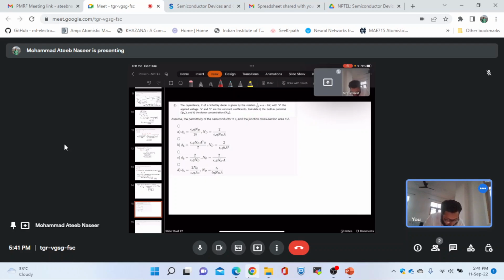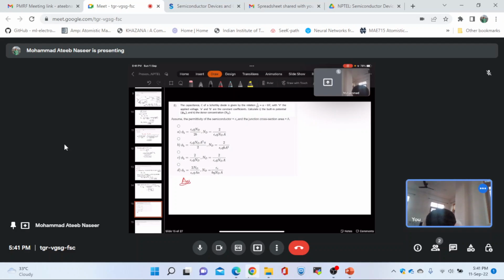Now we have been told to find the built-in potential and the donor concentration, and we have been told that the permittivity of the semiconductor is epsilon s and the junction area is given by A. So let's approach this problem by simply writing the depletion width expression.